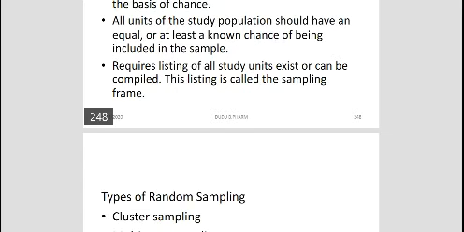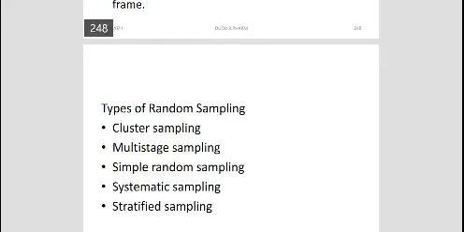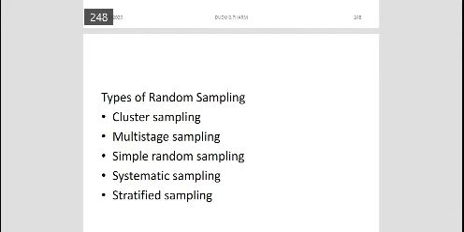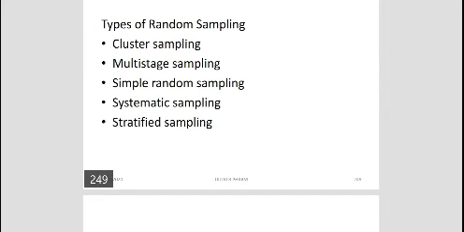This listing is called the sampling frame. Types of random sampling: we have cluster sampling, multistage sampling, simple random sampling, systematic sampling, and stratified sampling.